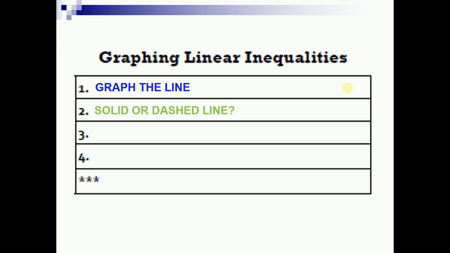And we'll talk about that in a moment, which one is used for which inequality signs. Then we're going to shade one side of the line, either above the line or below the line, based on our inequality symbol. We're always going to have to check an ordered pair to see which side to shade.